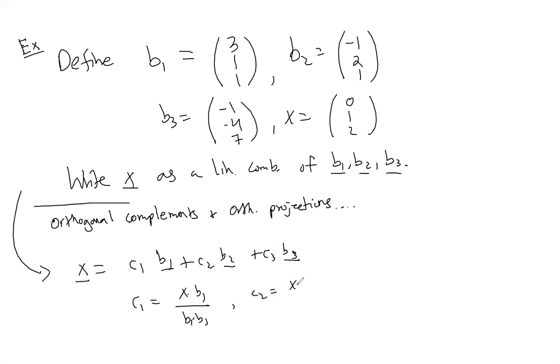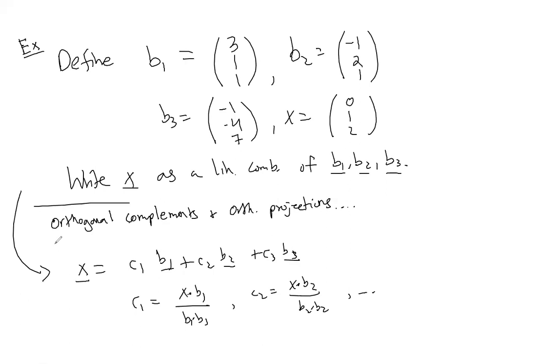C2 should be X dot B2 over B2 dot B2, and so forth for C3. And so you just compute each one of these. I don't know what you actually get, but you should get a number for each of these. And then if you want to check, there's an easy way to check. Once you find all these coefficients, you just add them all up and you should get X. So that's a nice way to check.